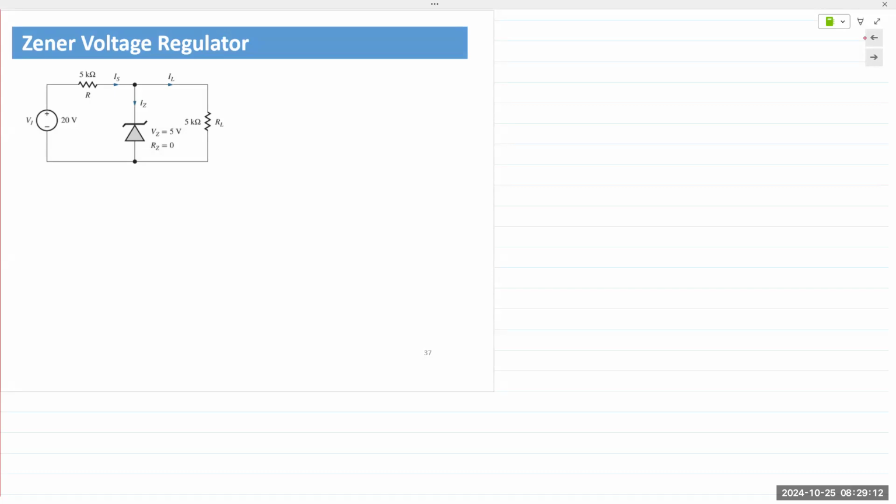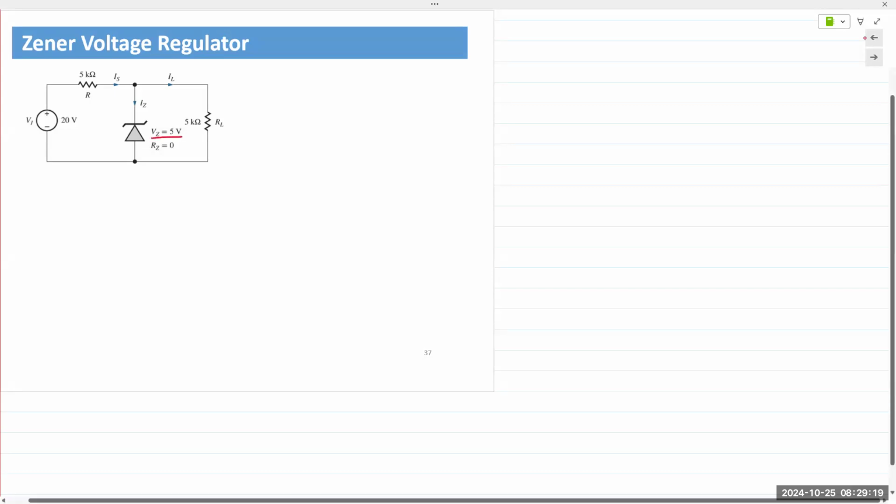All right, so let's take a look. What do we have here? We have a Zener diode. We are given the Zener diode voltage VZ as 5 volts. Zener resistance is 0. We have current IS coming from the source, current IZ coming down here, and IL flowing through the resistor RL. We'll describe the voltage across that load resistor RL as VL.